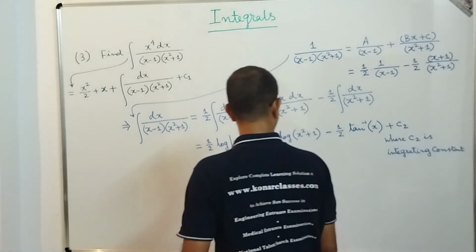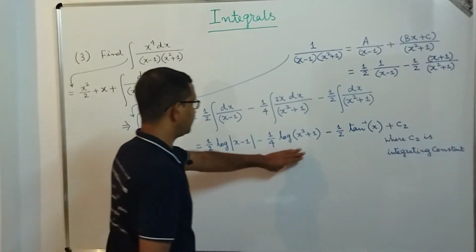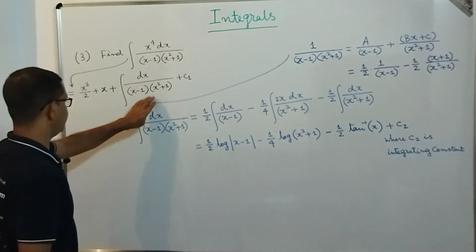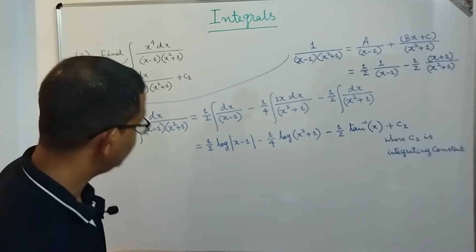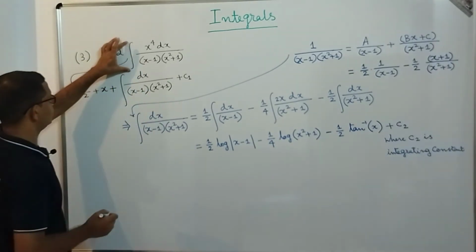Okay, so whatever value we get here, dear students, we need to replace it back and we will get the value of the given integration. What is the given integration? Given integration is this one.